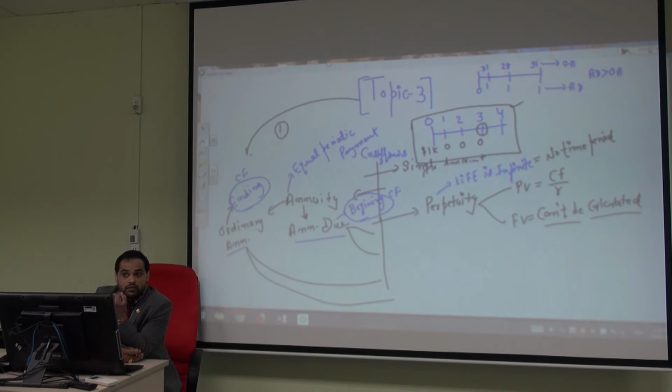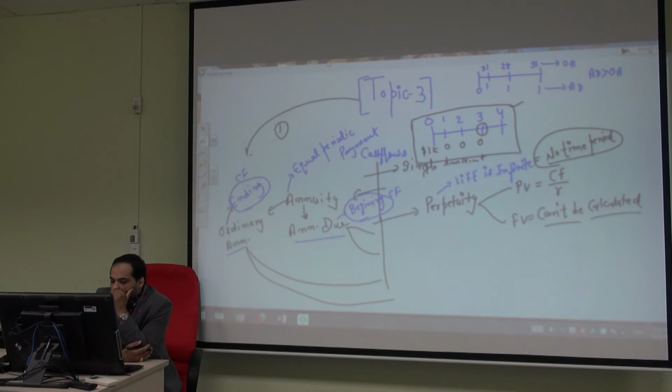The future could be next month, next year, 2 years, 3 years, 5 years onwards. But in a perpetuity, there is no time period. If there is no time period, we cannot estimate the future value. So in a perpetuity, we have only the formula for present value, which is cash flows divided by rate.